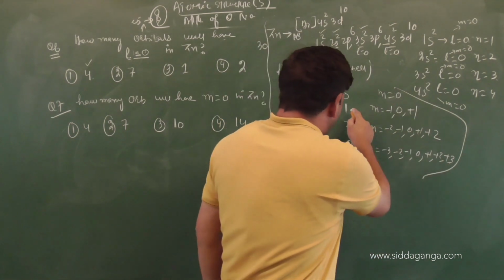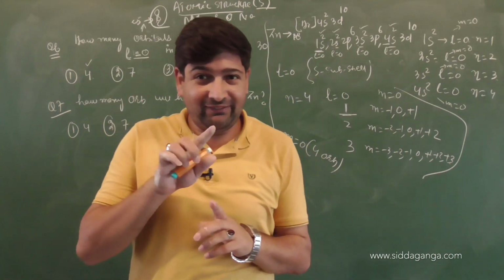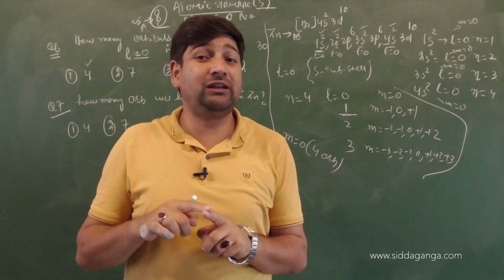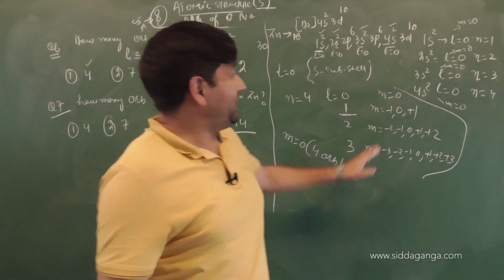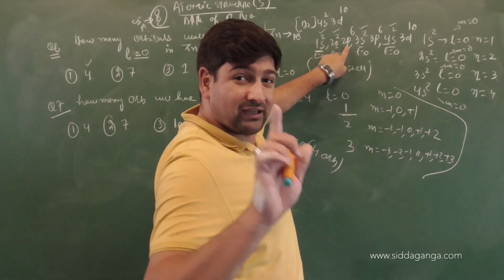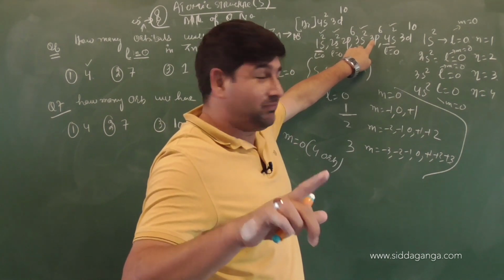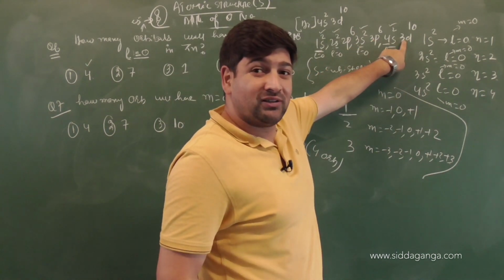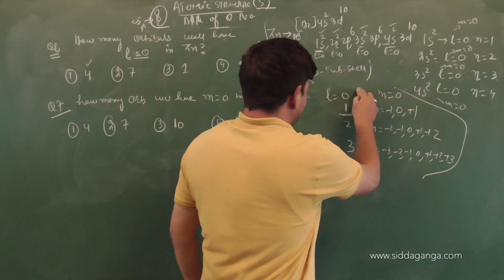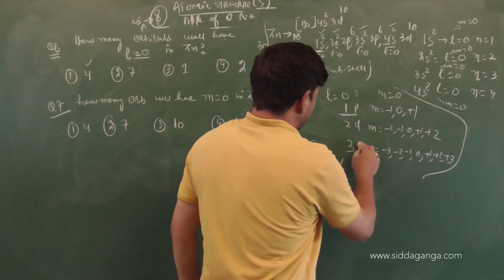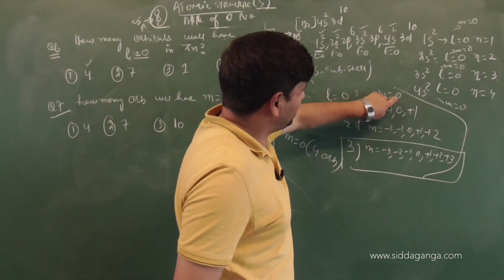Then you have 2p, 3p and 3d. Have a look. When there is p, the L value will be 1. M value will be -1, 0, +1. So 0 has come. So in 2p, M value 0 will come. In 3p, M value 0 will come. In 3d also, M value 0 will come. This is s, this is p, this is d, this is f. For s also, M equals 0, as we have already mentioned.